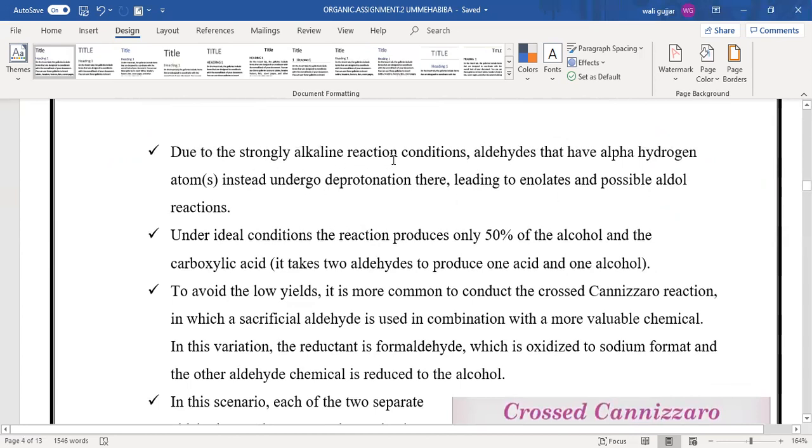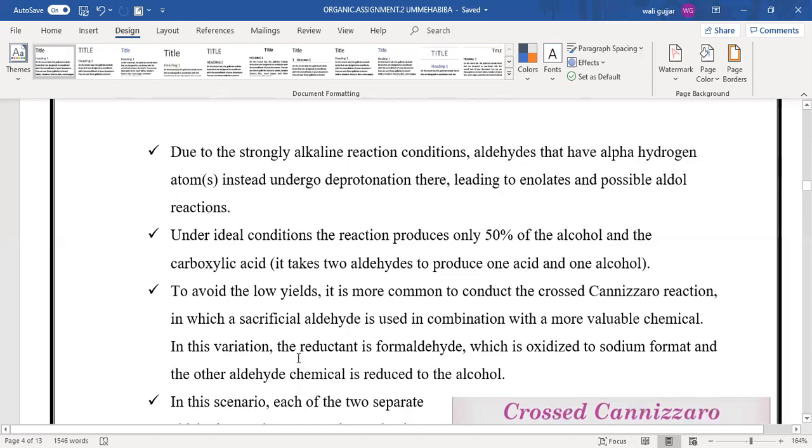Due to strongly alkaline reaction conditions, aldehydes that have an alpha hydrogen atom instead undergo deprotonation there, leading to enolates and possible aldol reactions. Under ideal conditions, the reaction produces only 50% of the alcohol and the carboxylic acid. To avoid such low yields, it is more common to conduct the crossed Cannizzaro reaction, in which a sacrificial aldehyde is used in combination with a more valuable chemical.